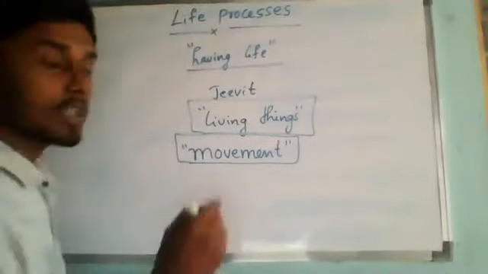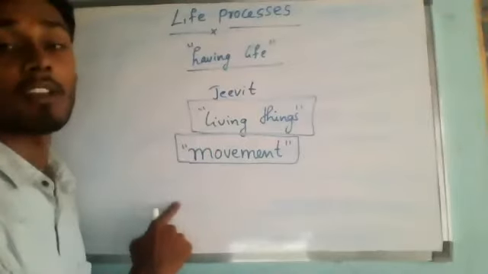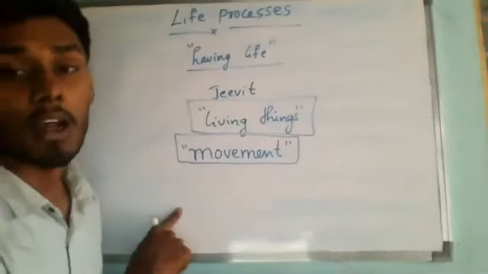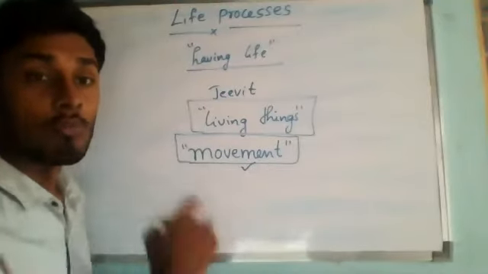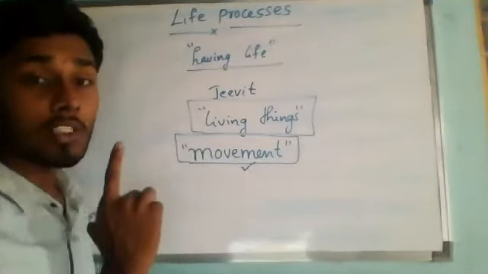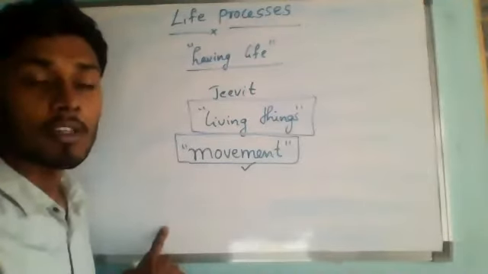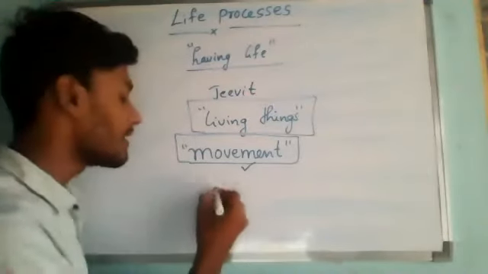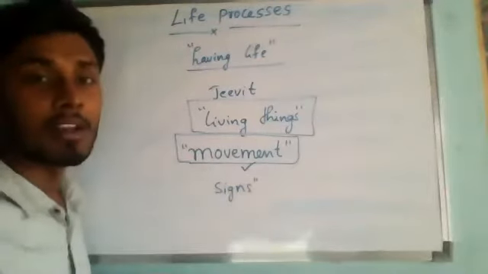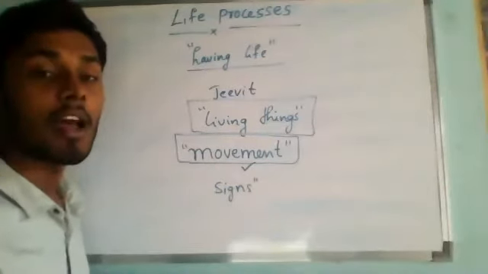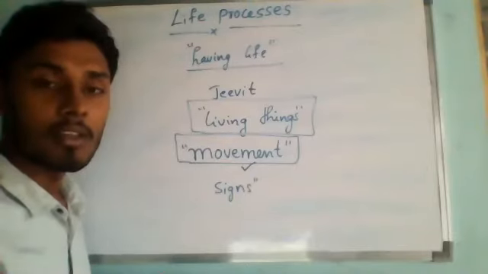The most important criterion that decides whether something is alive or not is only movement. Remember. Movement is one of the most important signs, not science, sign, S-I-G-N, signs. Understanding? Sign means a symbol. A sign of life in an organism.